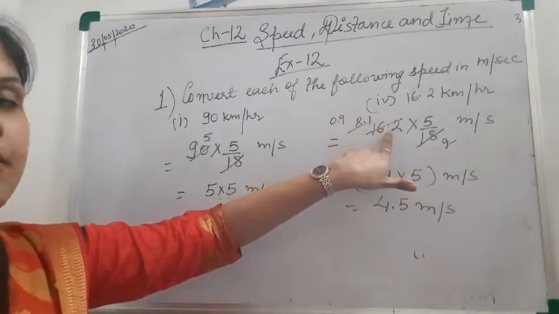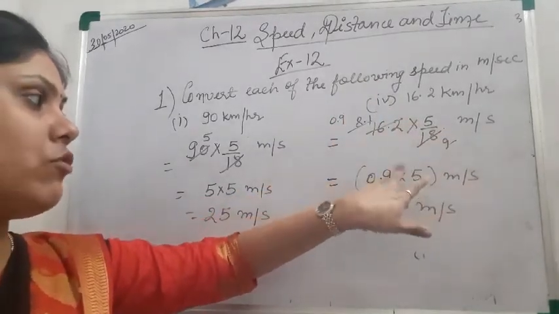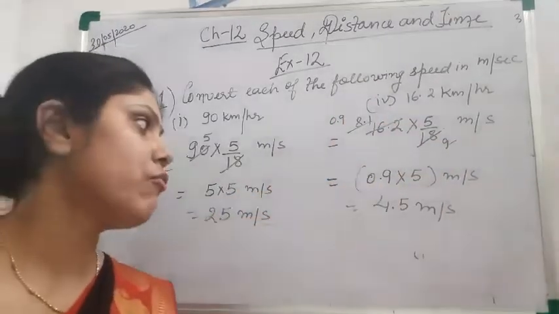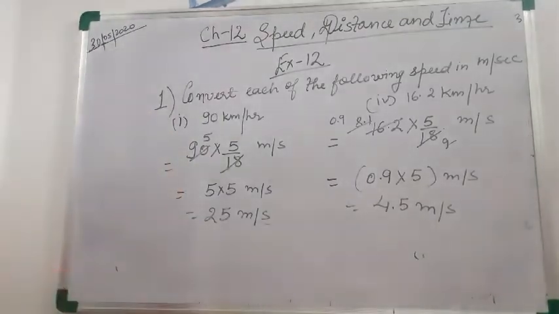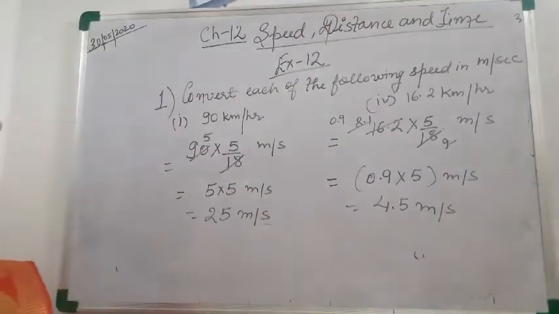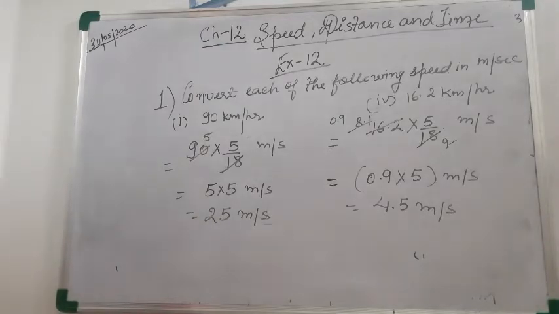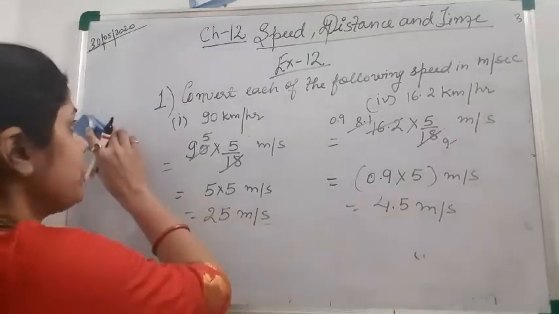Or else you can eliminate the decimal, so it will become 180, and then you will solve, and it will be 4.5 meter per second. So you can reduce it on your own. This is the first question, how to convert the following speed into meter per second. Hope this is clear to you all. Now let us come to the second question.